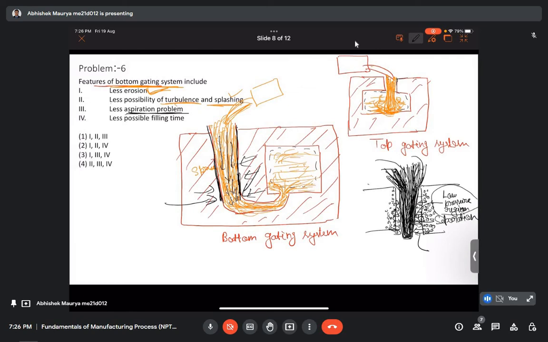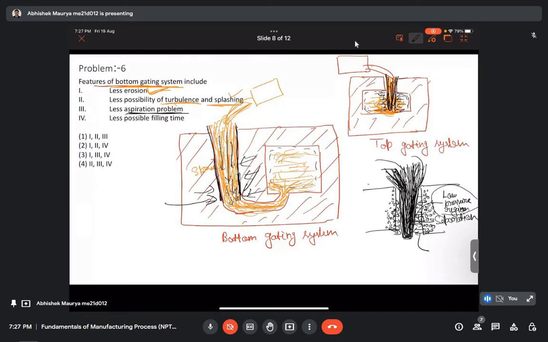But what can we do inside the top gating system? We don't have any option, because the molten metal will come directly inside the cavity, and in the cavity region this region will be open, and since this region is open, low pressure region formation will take place, and again the gases which are present inside the cavity will diffuse.